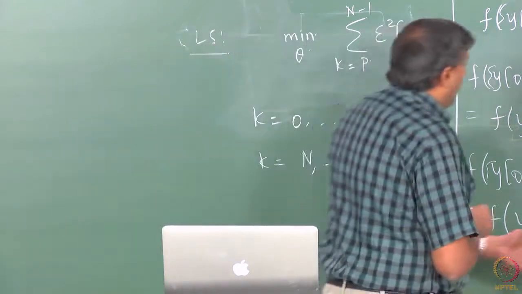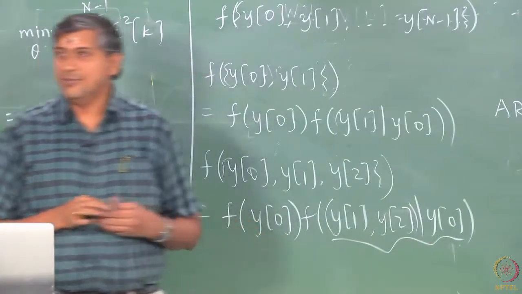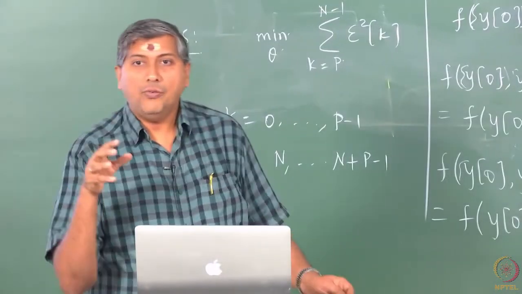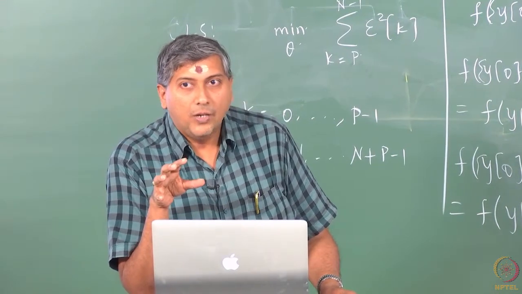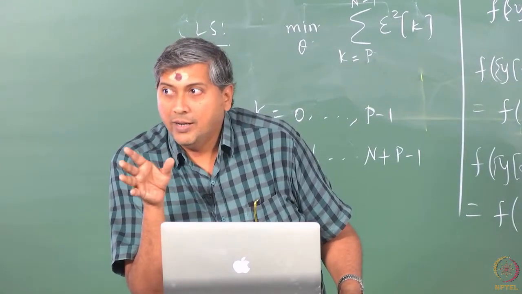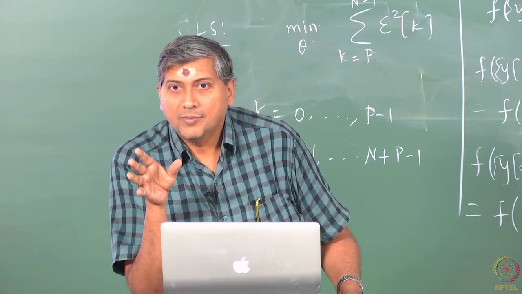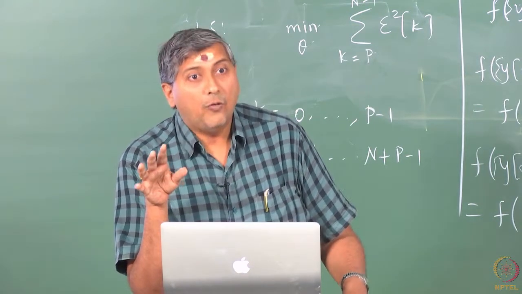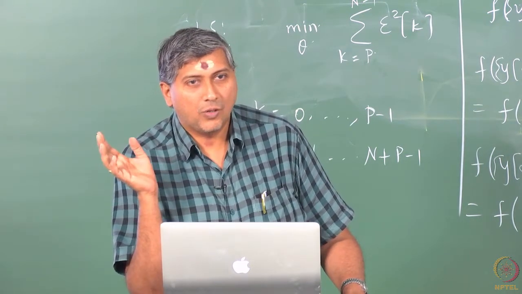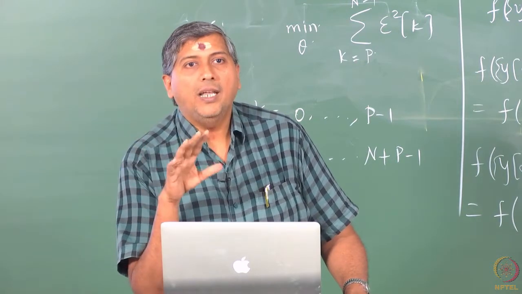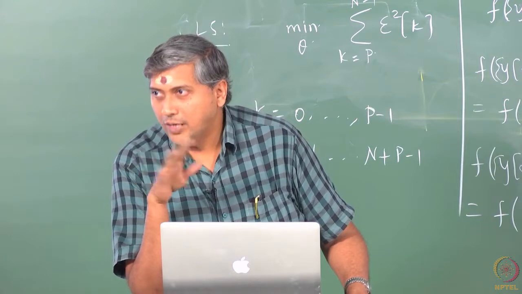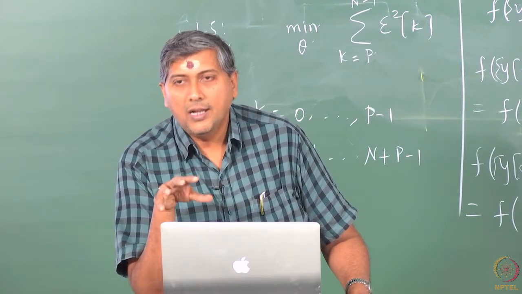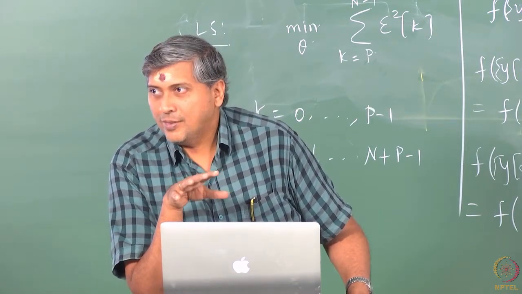Ultimately you would have factors: one is f of y1 given y0, and f of y2 given y1 and y0. Okay. But normally we assume that this is a causal process, we will not worry about given y2 and so on, but even if it is given, now we will come to the AR part of it. Okay.